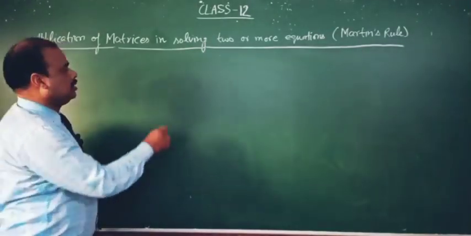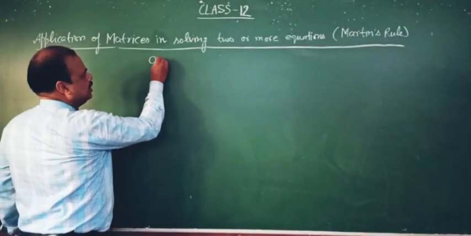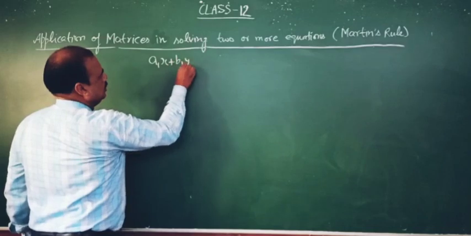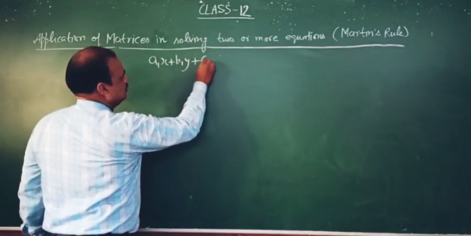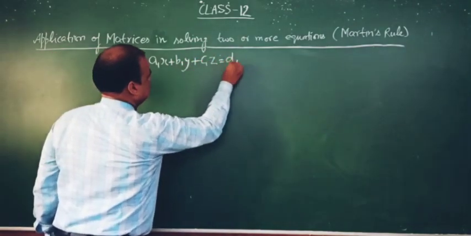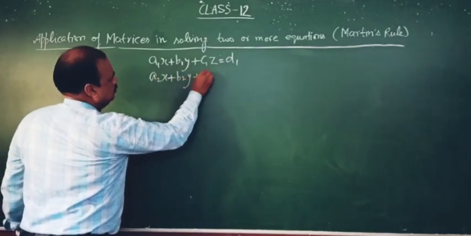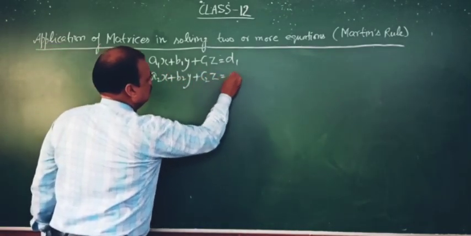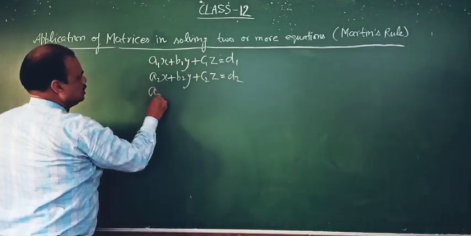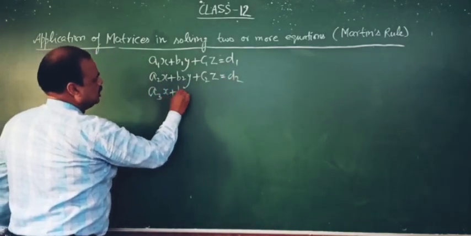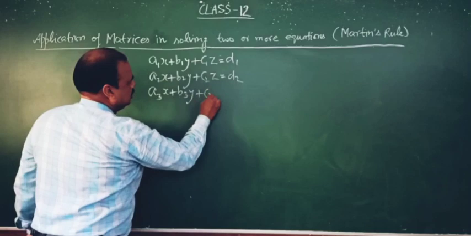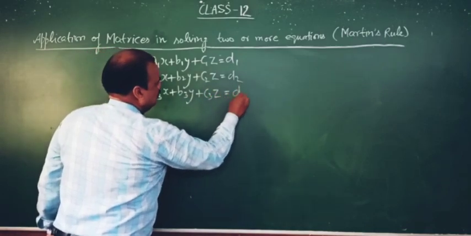Let us consider a system of three simultaneous equations. One equation is a1x plus b1y plus c1z equal to d1. a2x plus b2y plus c2z equal to d2. And the third equation is a3x plus b3y plus c3z equal to d3.